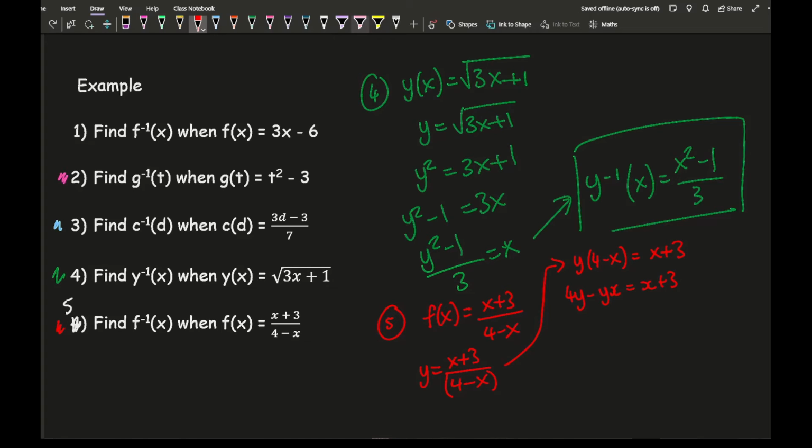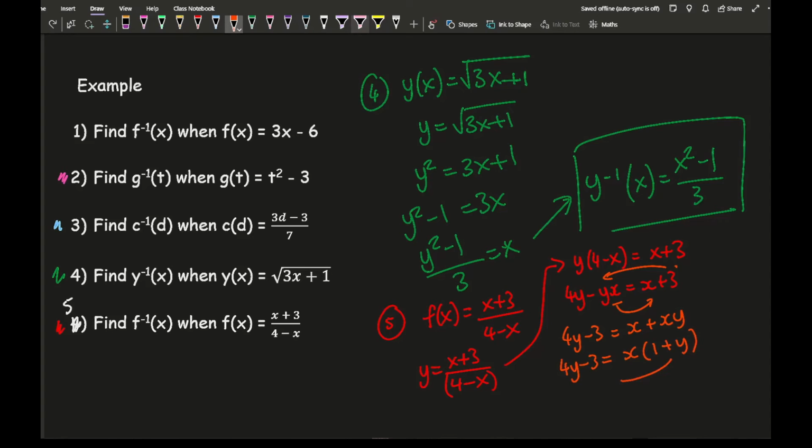We're then going to take the 4y over to this side and the x over to this side. Well, actually I'm going to do the opposite because I want to try and keep x positive. So let's put all our x's on one side. I'm going to take this over to that side and the 3 over to this side, in which I end up with 4y minus 3 equals x plus xy. And then I factorize the right hand side, so I get 4y minus 3 equals x times (1 plus y).